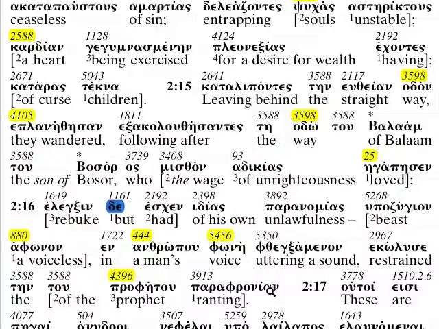The beast was the ass that he was riding, which spoke in a man's voice, uttering a sound, restrained the ranting of the prophet.